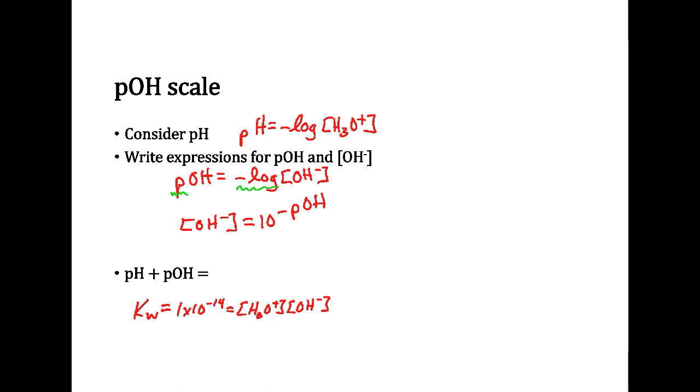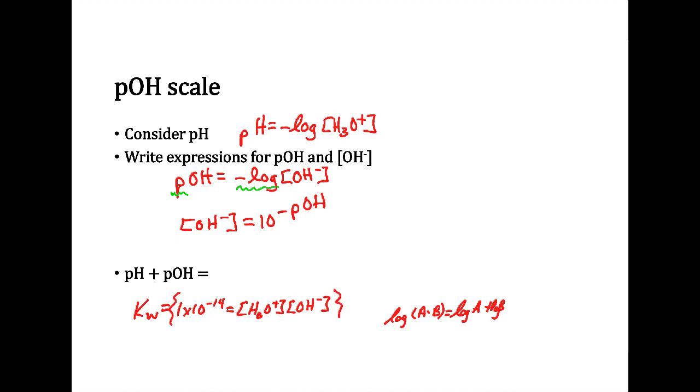And so what we can do is we can go ahead and use our law of logarithms. So if we know that the log of A times B is equal to log A plus log B, we can go ahead and take the negative log of this entire expression right here.